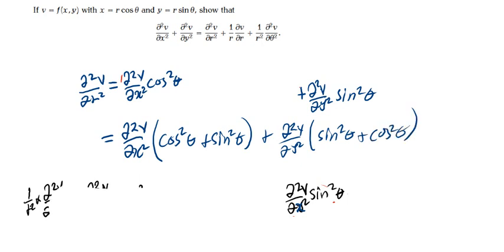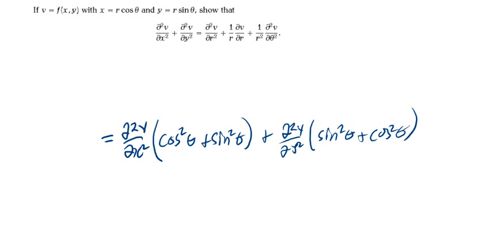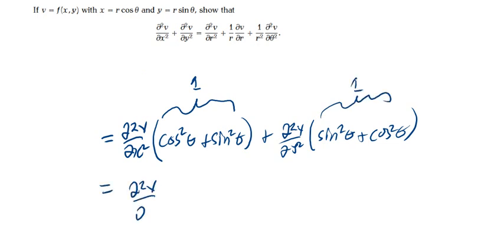Of course, I believe we now all know where this is going. From trig identities, this portion is just one and this is just one, and this simplifies to the second partial of v with respect to x plus the second partial of v with respect to y.